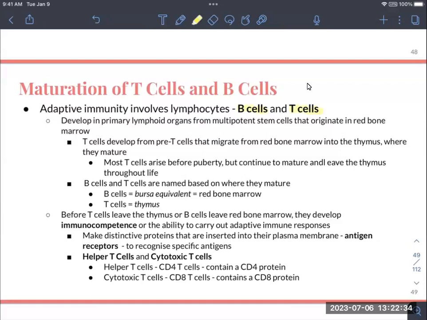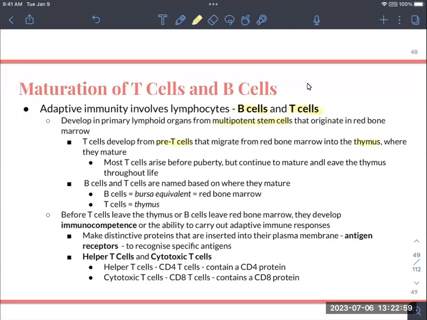They are going to develop from the multipotent stem cells in that red bone marrow. T cells, those first types of lymphocytes, start as pre-T cells. They're going to travel through the blood to get to that thymus. That T is for, again, thymus.